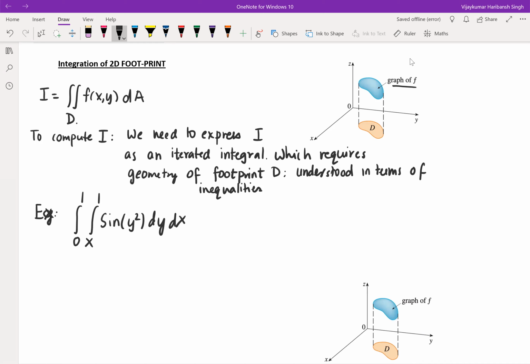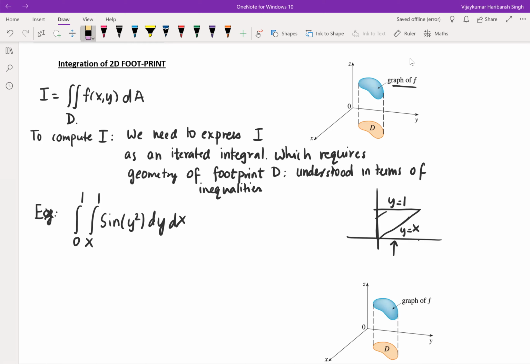So in this case, I've already written down my double integral as an iterated integral. If I want to draw my region D, my y hits x first, then y hits 1. So in this direction, y equals x to y equals 1, and my x changes from 0 to 1. So this is my region D.